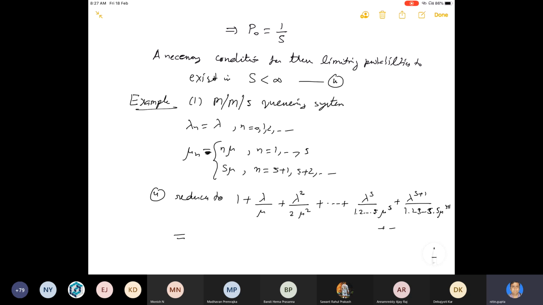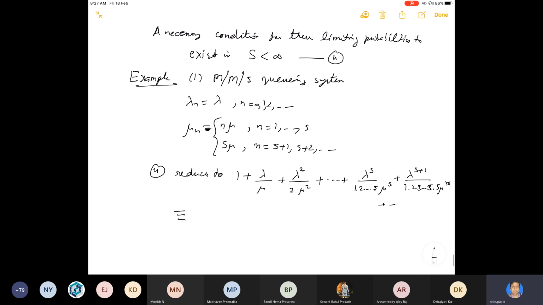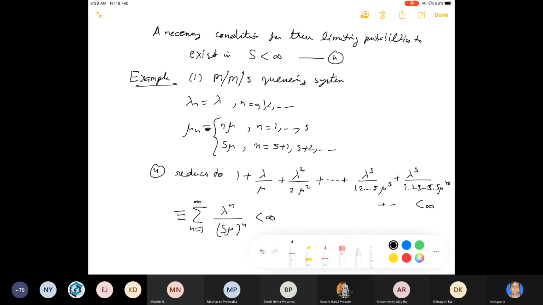So therefore this will converge, equivalent to saying that the summation of lambda n upon s mu raised to power n, n from 1 to infinity, converges. We can write this separately, that this will be lambda upon s mu plus lambda square by s mu square.